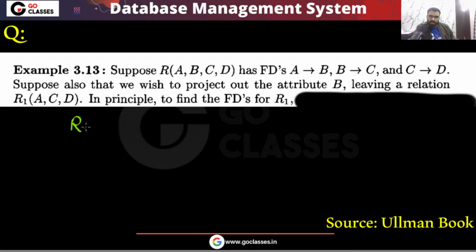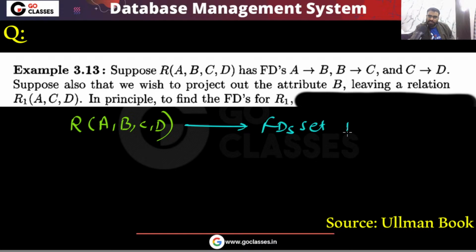Remember, here in the question, a relation R(ABCD) is given to you, and for this relation R, the functional dependency set F is also given to you. Now what are we doing? We are taking a subset of attributes of R, a subrelation R1.